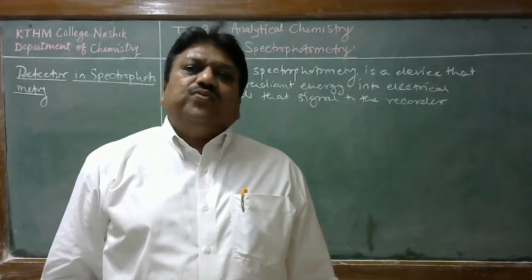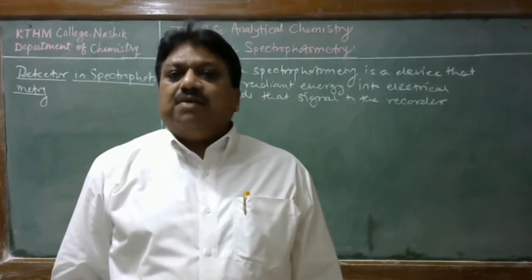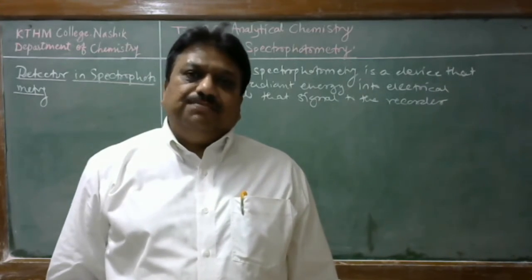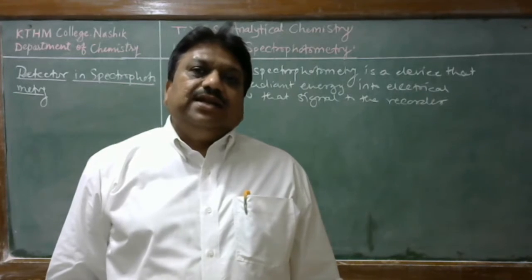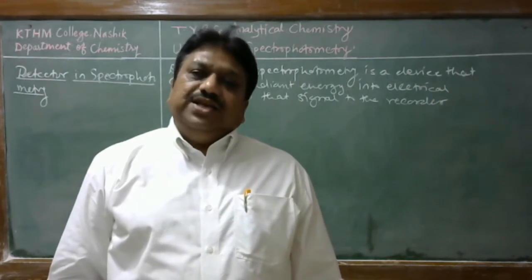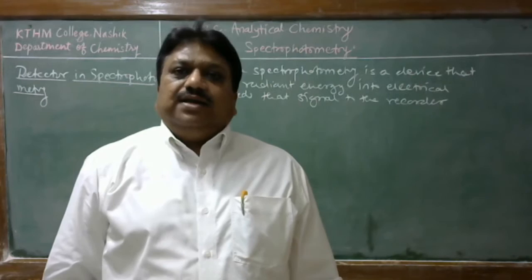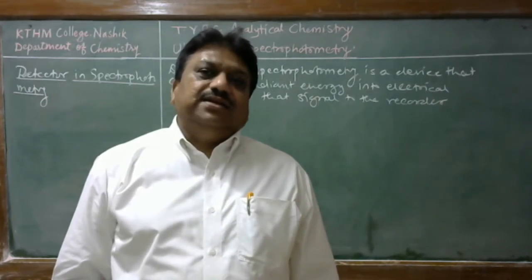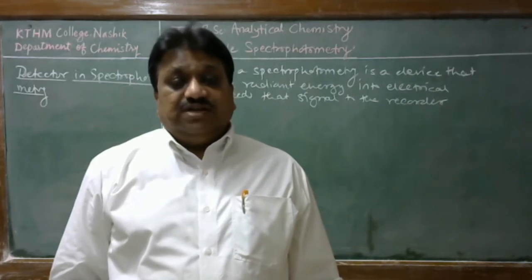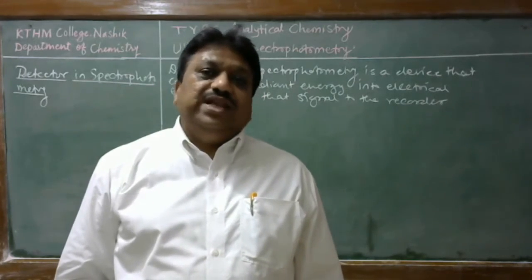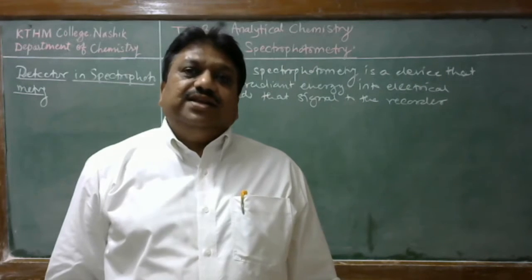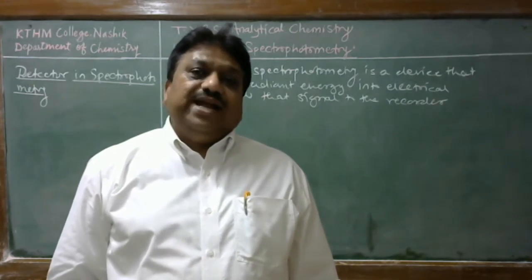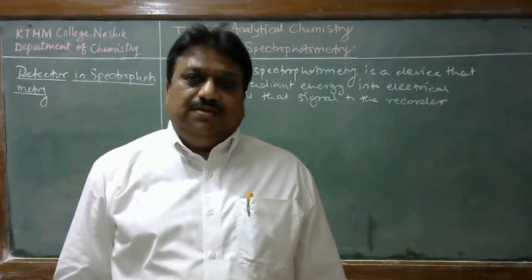Therefore, in order to find out the amount of radiant power or radiant energy utilized by the sample, we measure the incident radiant power and the radiant power transmitted through the sample. Therefore, detector is a device which converts this radiant energy into electrical energy, and that signal is generated as an amount of radiant power absorbed by the sample.